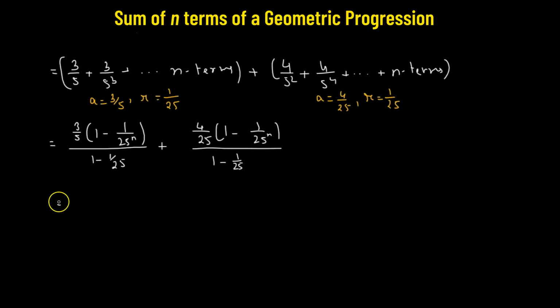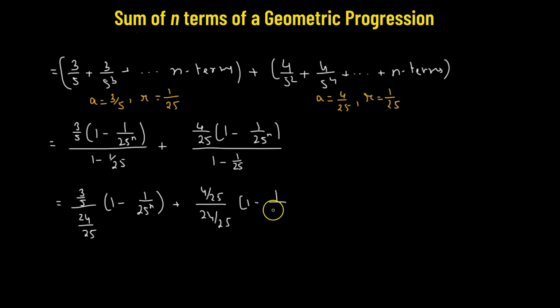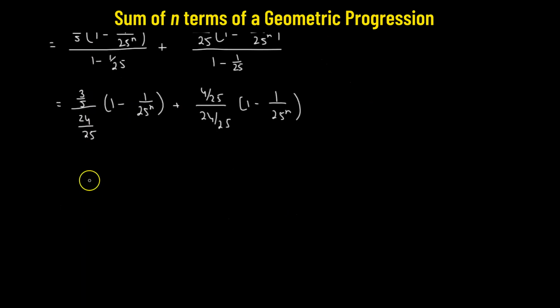So here we have 3 over 5 divided by 24 over 25 multiplied to 1 minus 1 over 25 raised to the power of n, plus we have 4 over 25 divided by 24 divided by 25 multiplied to 1 minus 1 over 25 raised to the power of n. Fine. So let's further simplify.